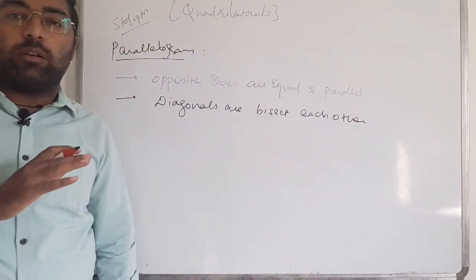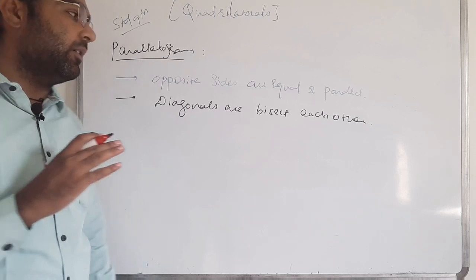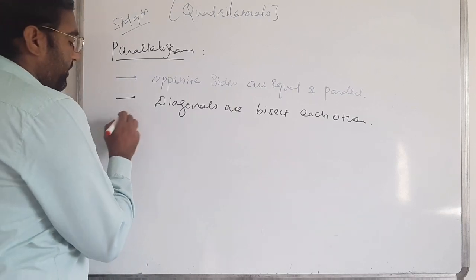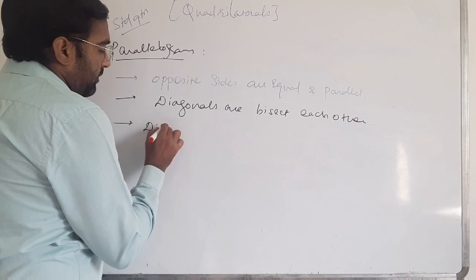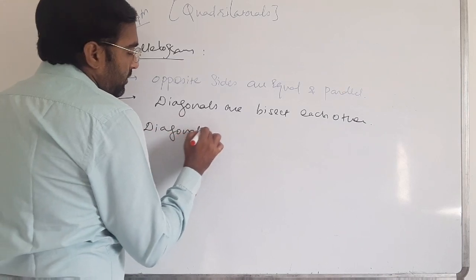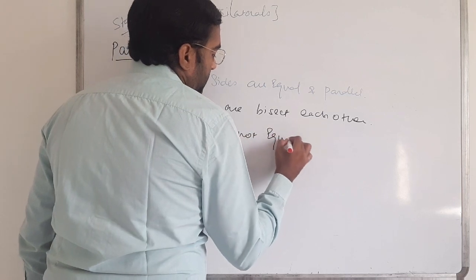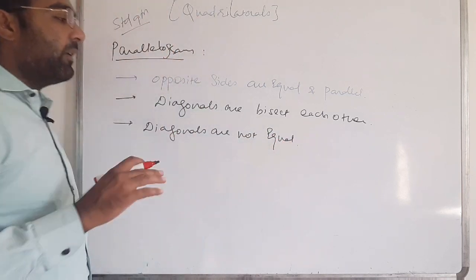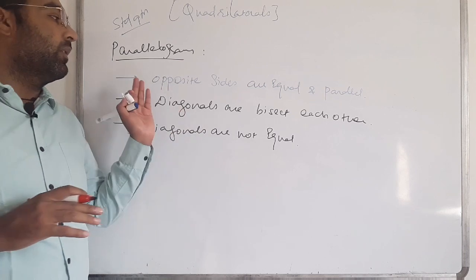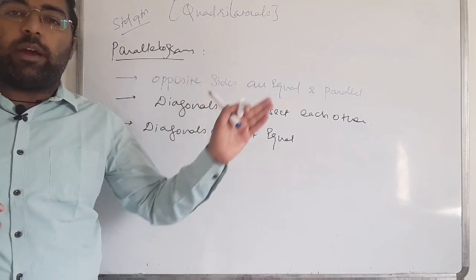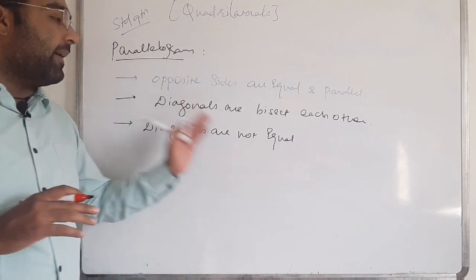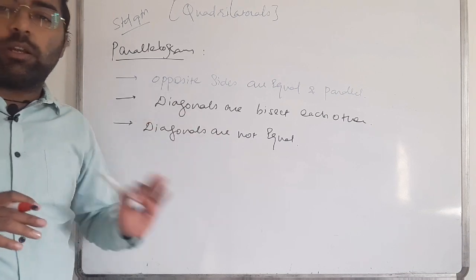Diagonals are not equal, but diagonals bisect each other. So, opposite sides are equal and parallel. Diagonals bisect each other and diagonals are not equal.